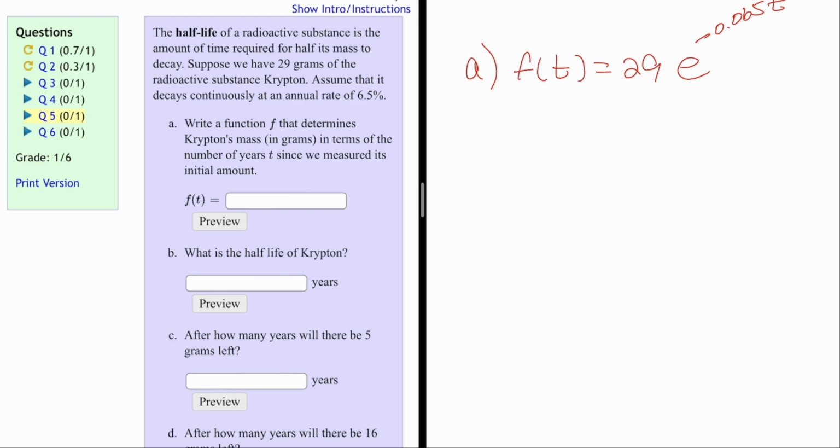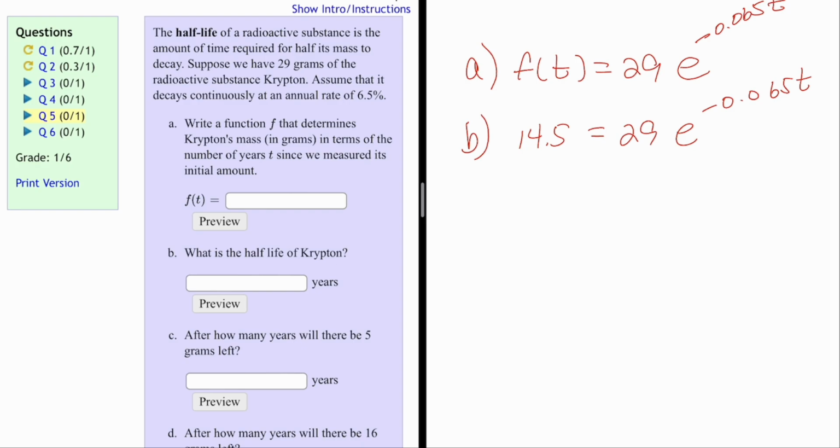So what is the half-life? You have to think to yourself, for B, we started with 29. If I divide that by 2, that means my amount is 14.5. So just put in that half amount and do the math, okay?